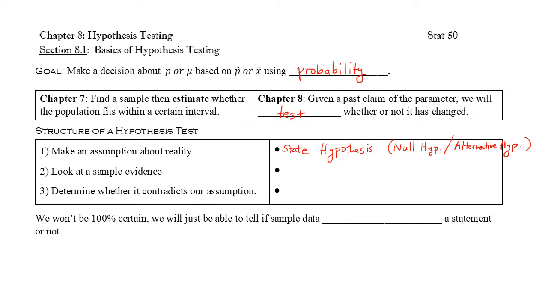In particular we'll compute a point estimate, which, depending on if we're talking about a proportion or a mean, will be p hat or x bar.